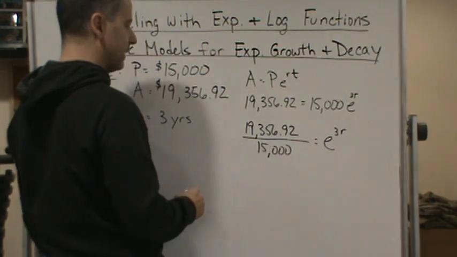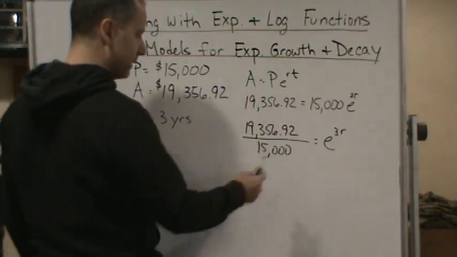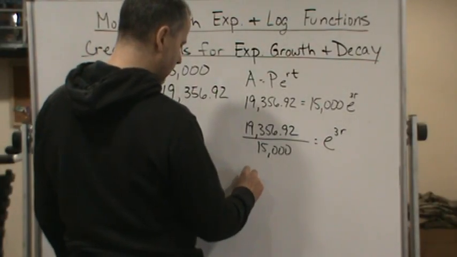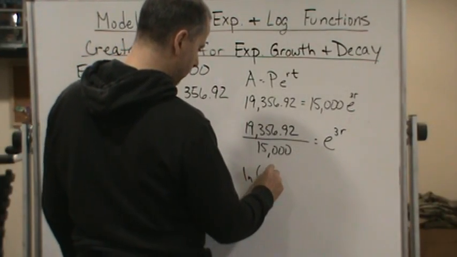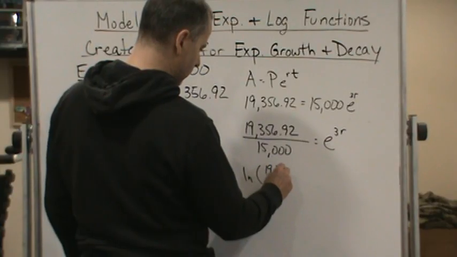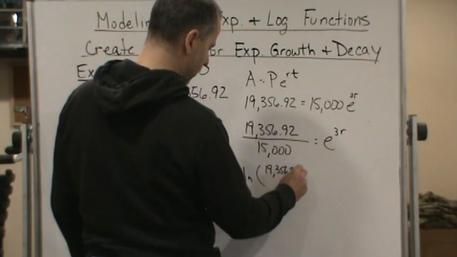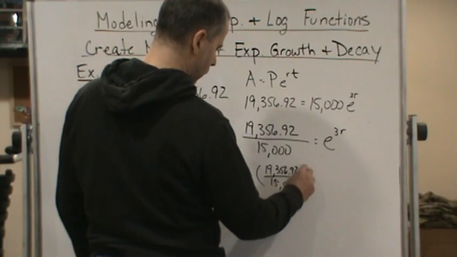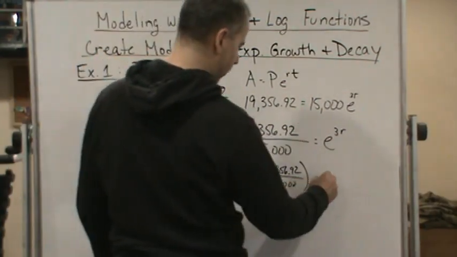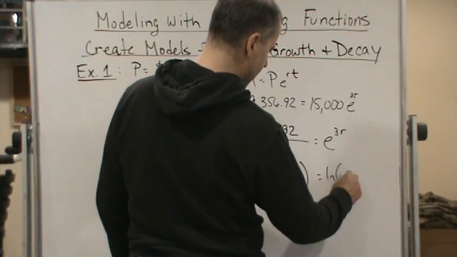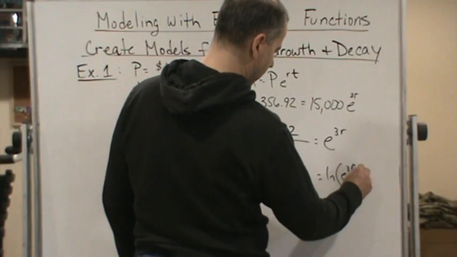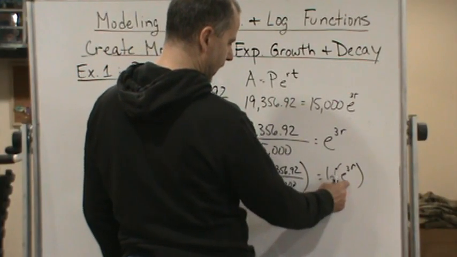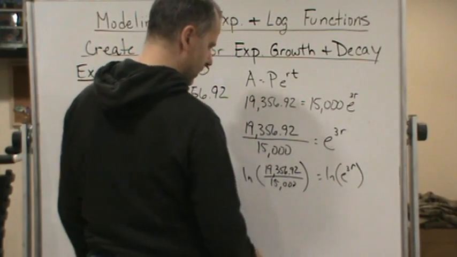Now I'm going to take the natural log of both sides to get rid of this e and get the exponent out. So I take the natural log of the ratio $19,356.92 divided by 15,000, and of course I take the natural log of this side, e to the 3r. The natural log is going to cancel with the exponential since they have the same base.